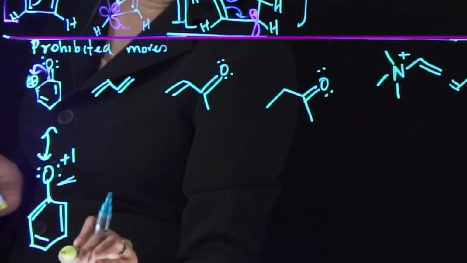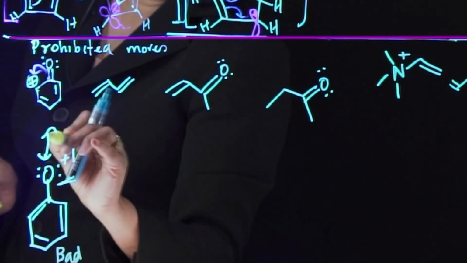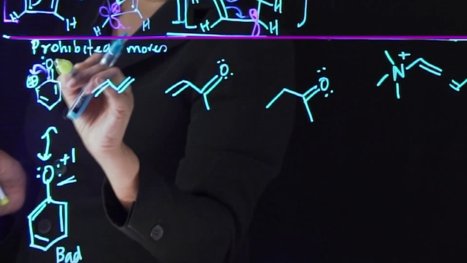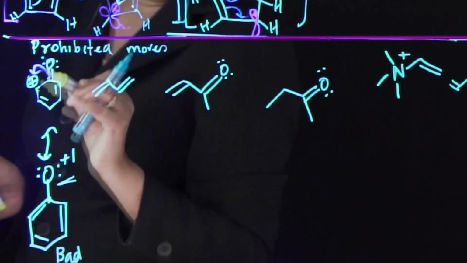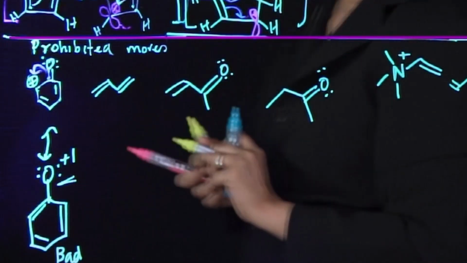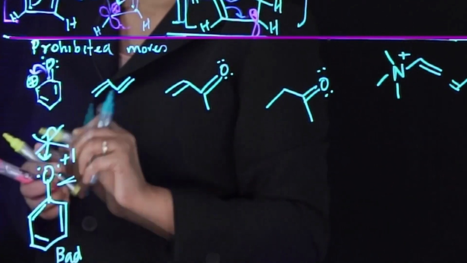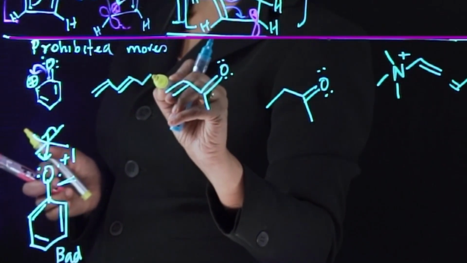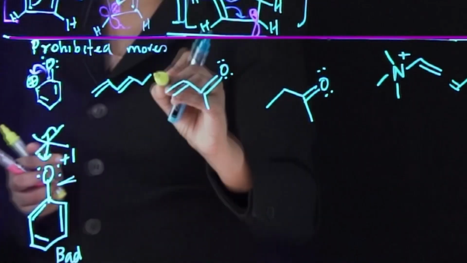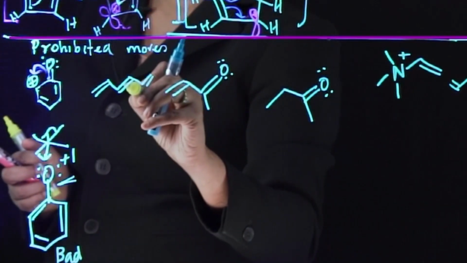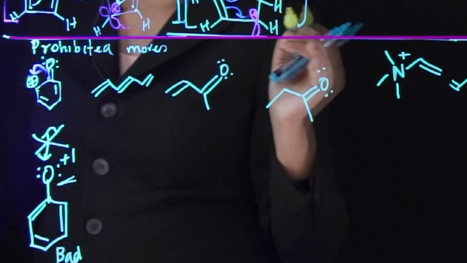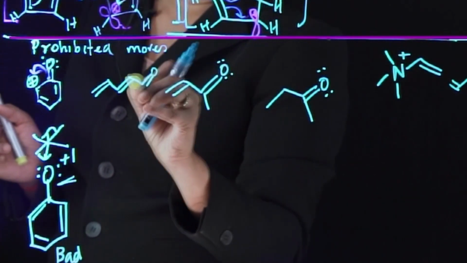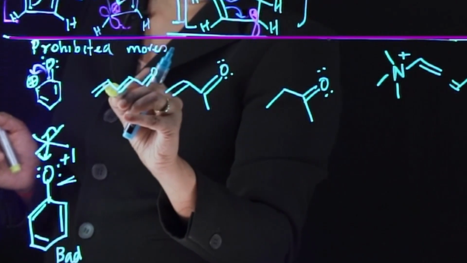So this is bad. So you will never take a pi and move it over here to a positive if it's connected to an oxygen. So this is bad. Here's another one where let's say you have something like this. Should we just take a pi bond in the middle and break it up? It's really not a good idea to just start somewhere in the middle. Let's say you have a carbonyl here. Should you start here like this?